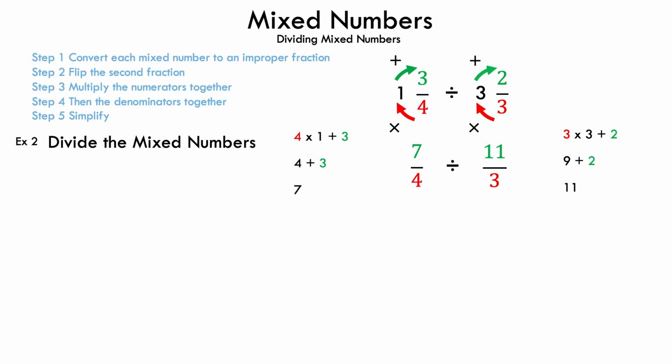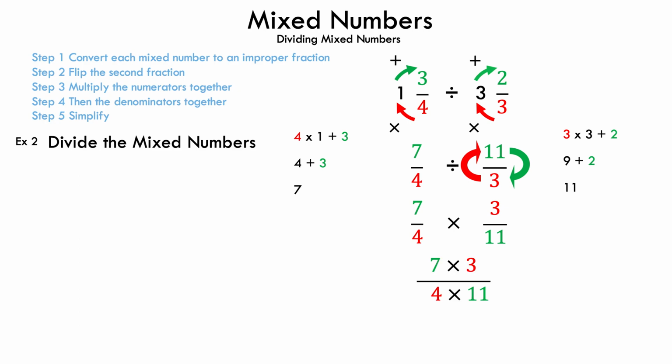Now we begin the process of flipping the second improper fraction. And first things first, we need to flip the division sign to a multiplication sign, which allows us to flip 11/3 to 3/11. Now let's rewrite the two fractions so there's only one division bar.